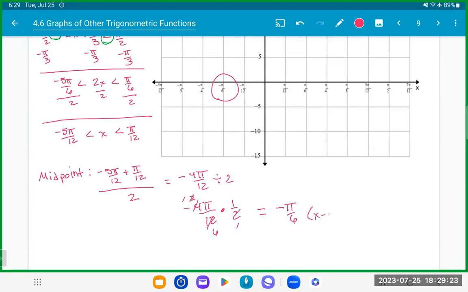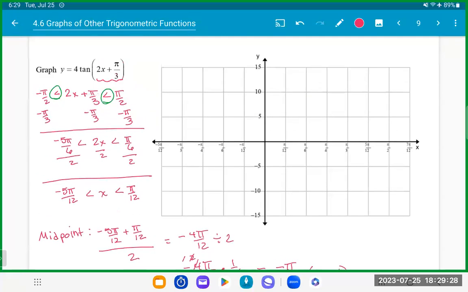And that midway point is our x-intercept, the one place that we are. So we could put a point here. These two endpoints, this and this, are my asymptotes. Okay, so I have an asymptote at negative 5/12 and positive 1/12.